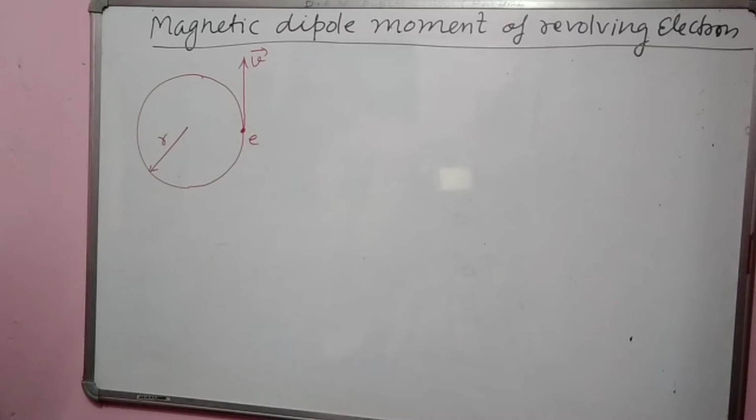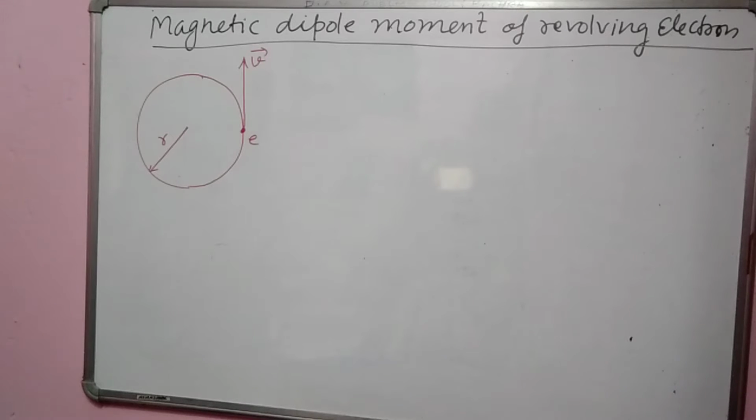Now come to next topic, magnetic dipole moment of a revolving electron. Now we are going to calculate the magnetic dipole moment for the revolving electron. According to Bohr's model of electron, we know that the electron revolves around the nucleus in almost a circular orbit with uniform circular motion.